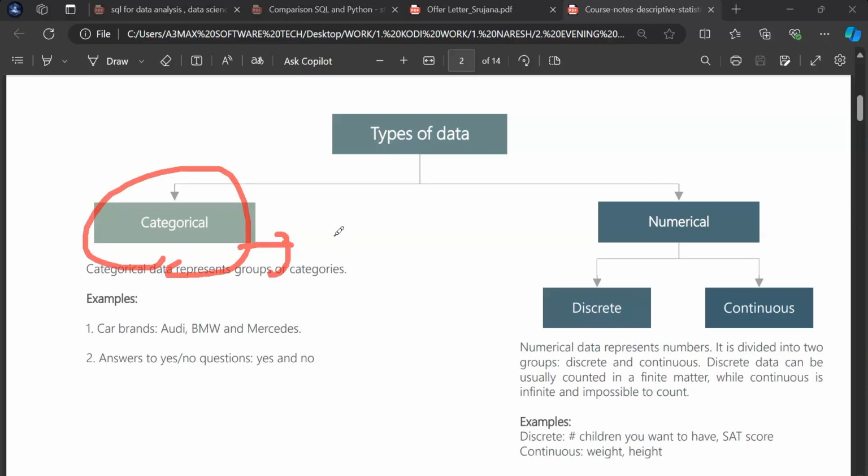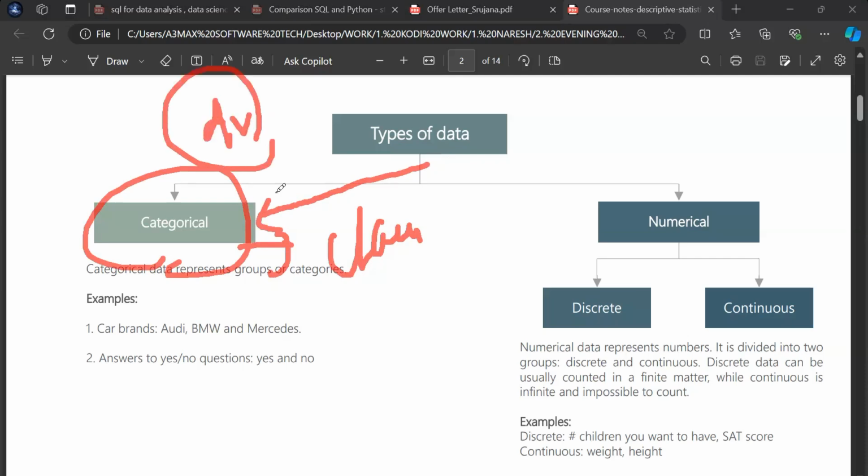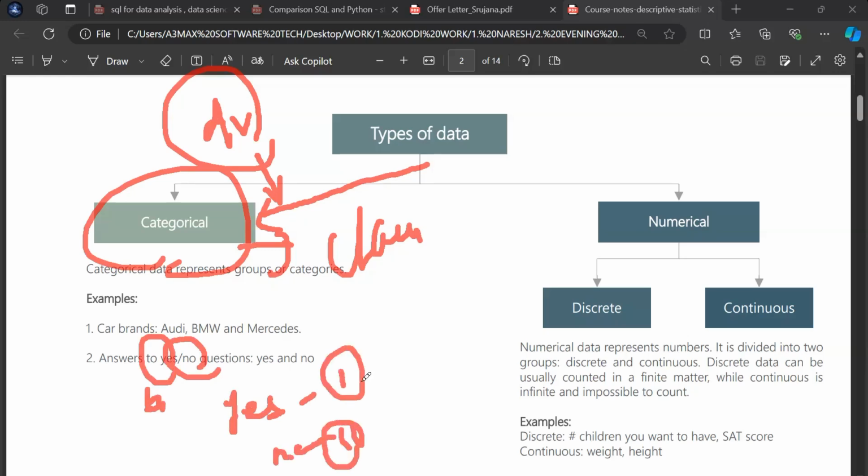Can you please respond? Classification. So if the data is categorical, the dependent variable is categorical, then we call it classification. Or also if the dependent variable is binary. Yes or no is binary, right? If I convert yes to 1 and no to 0, again it is binary.